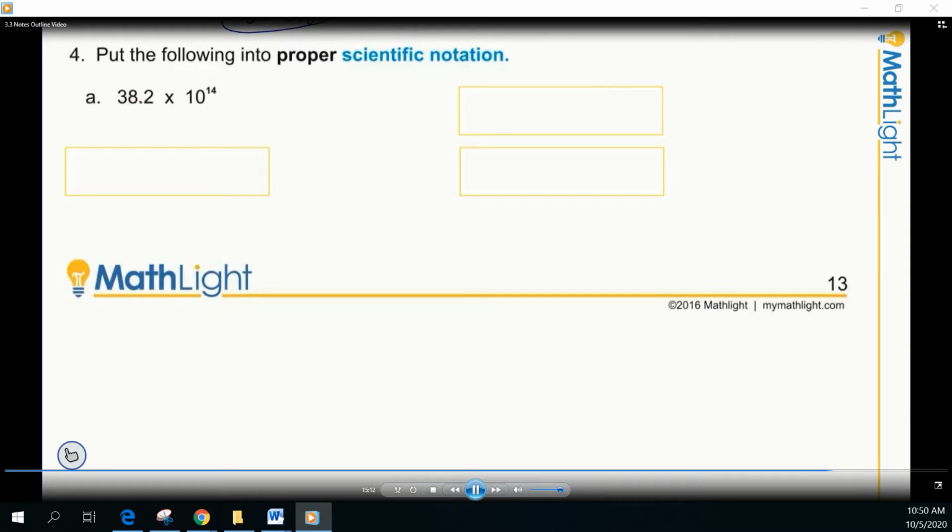I have to make this number smaller, because I needed it to be 3.82. If this part gets smaller, then the power of 10 has to get larger by the same amount of places. That went one smaller, that goes one larger. See how that works? One smaller, one larger.